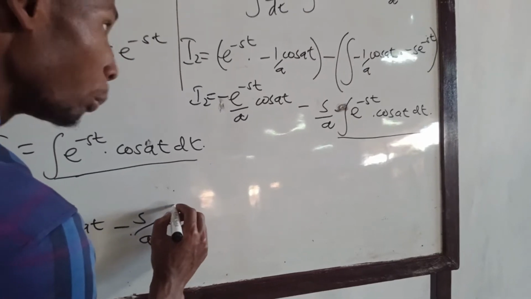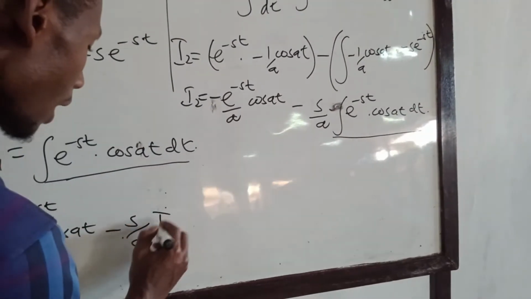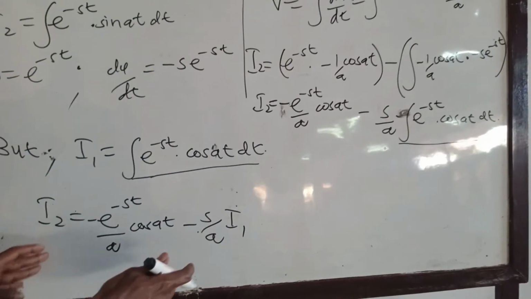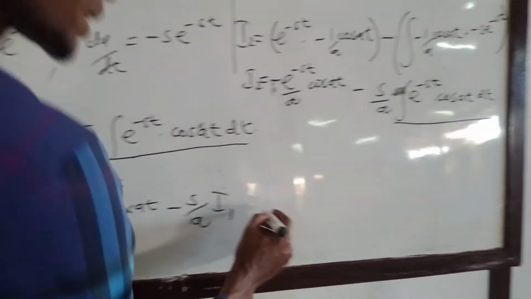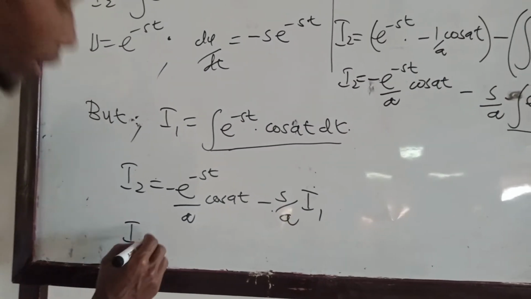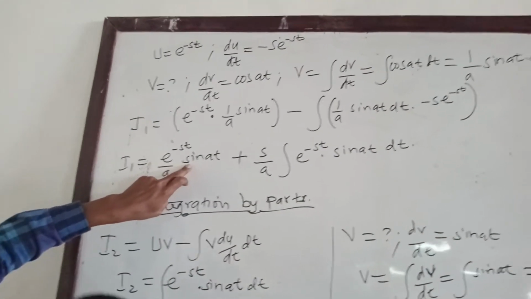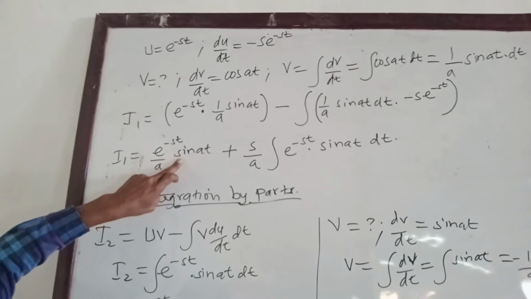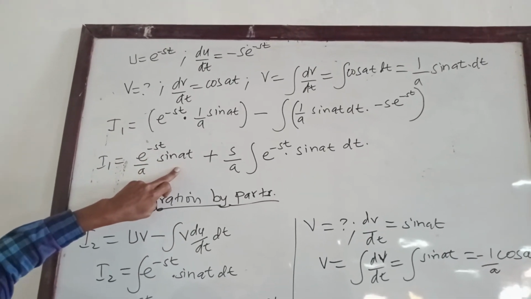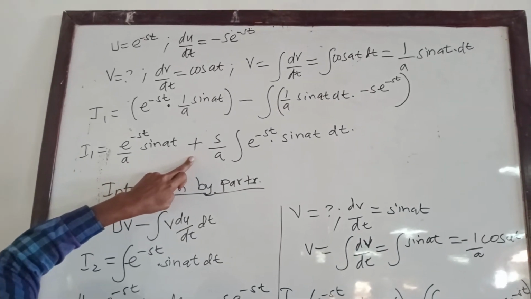I1, that is, now we change this part to become I1. Are we together until there? So after here now we come and write I2, I1. We go back to I1. I1 we had said is e minus st over a sine at plus s over a.